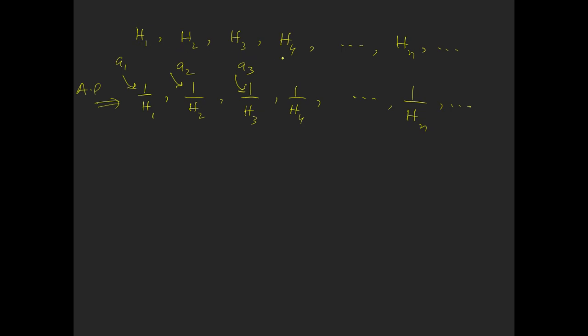These are the terms of the harmonic progression, and these are the terms of the corresponding arithmetic progression. So the corresponding arithmetic progression is obtained by just taking the reciprocal of the terms of the harmonic progression. So we will take the reciprocal of each term and we will get the terms of the corresponding arithmetic progression.